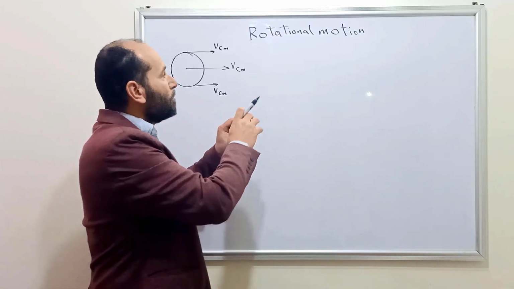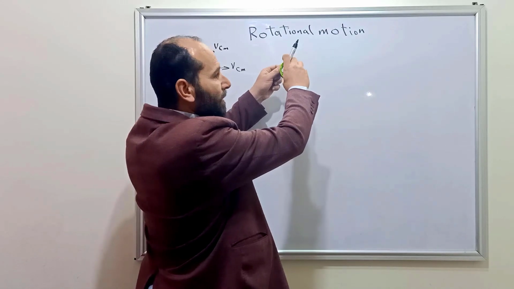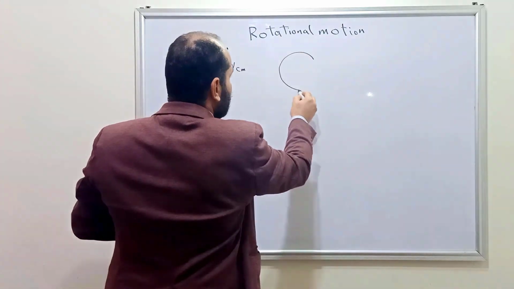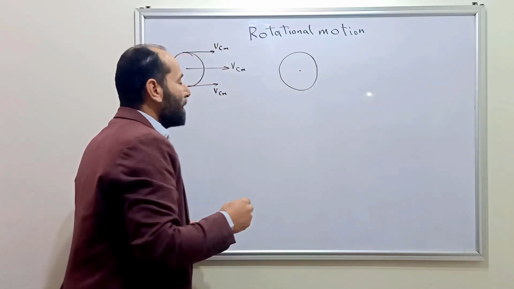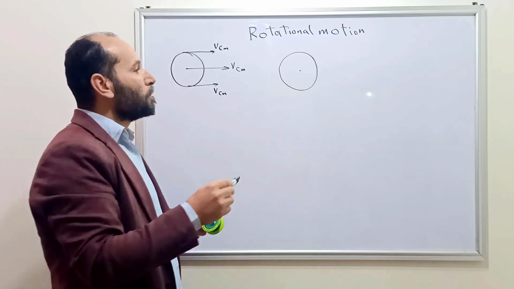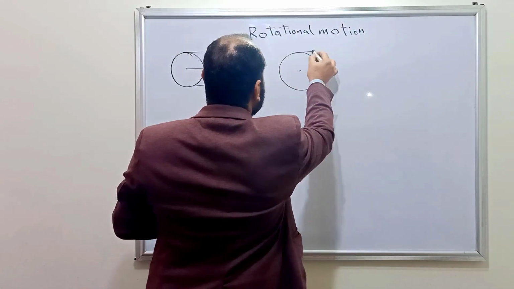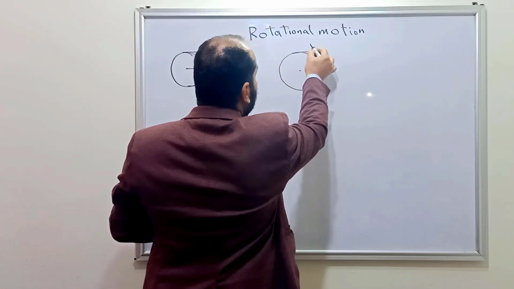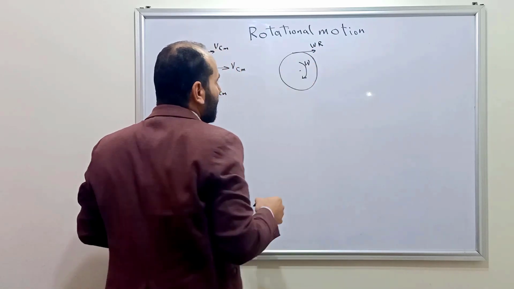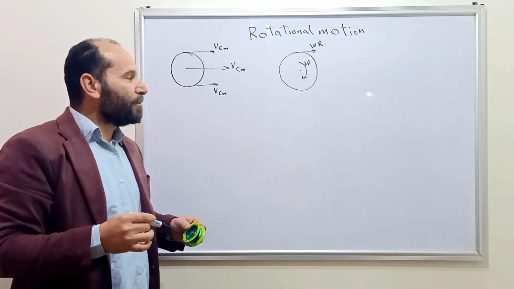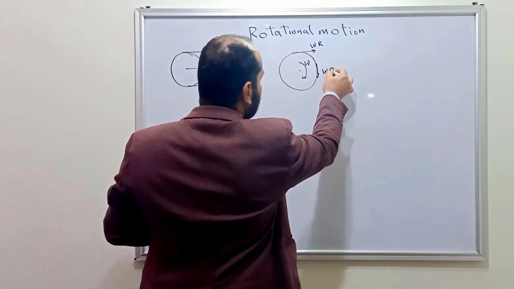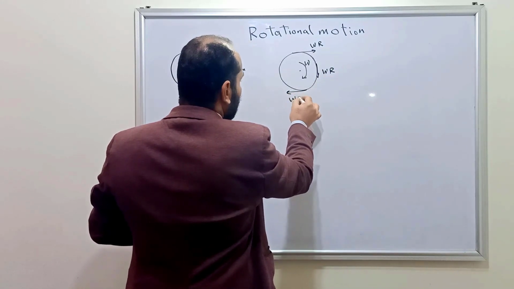If this body rotates about its axis of symmetry, the center of mass of this body, the velocity here equals omega r, because it is rotated by angular velocity omega, and here omega r, and here omega r.